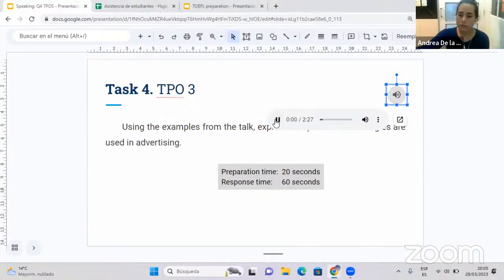Now listen to part of a lecture in a psychology class. The professor is discussing advertising strategies. In advertising, various strategies are used to persuade people to buy products. In order to sell more products, advertisers will often try to make us believe that a product will meet our needs or desires perfectly, even if it's not true.